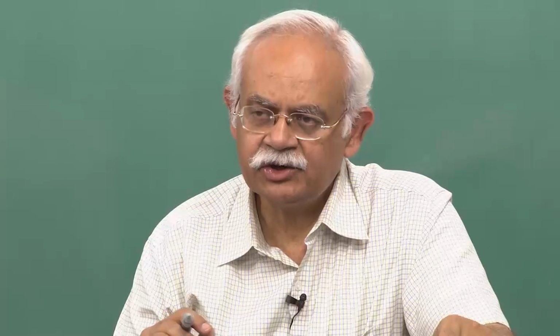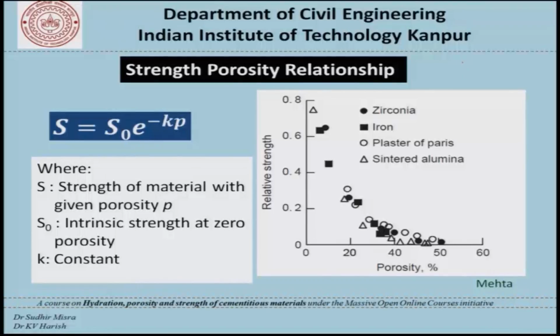It is intuitively clear that if the porosity increases, the strength will decrease, and that has been represented in this equation which says S is equal to S naught times exponential of minus Kp, where S is the strength of a material having a porosity P. Now S naught is the intrinsic strength at zero porosity of that material, and K is a constant.